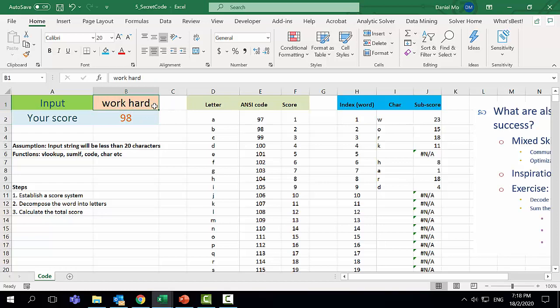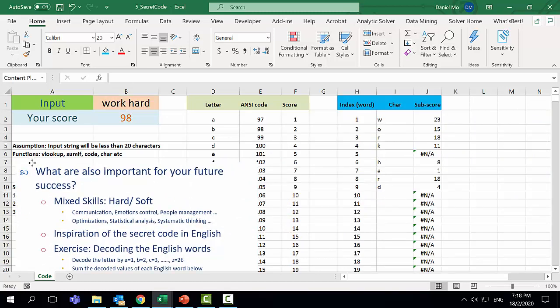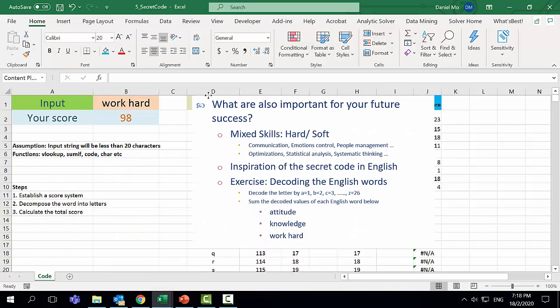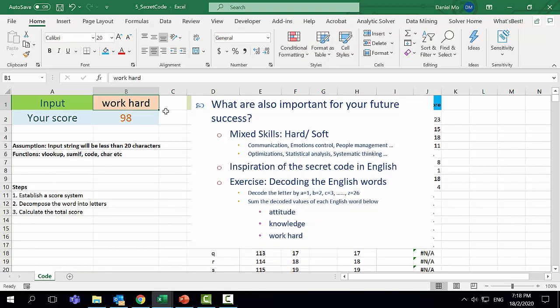We have 3 major words. Now, which one is the highest score? Let's move here. Work hard can help us get the score of 98. Knowledge is good to have, but it is only 96. How can we get 100 points? Attitude is the most important.